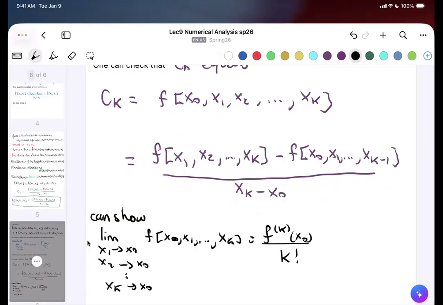So they are a generalization of the higher order derivatives essentially, which is very nice.